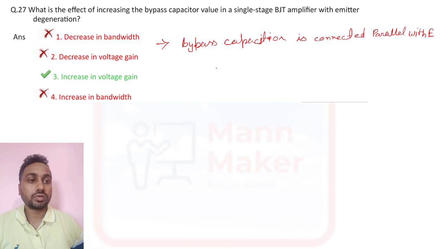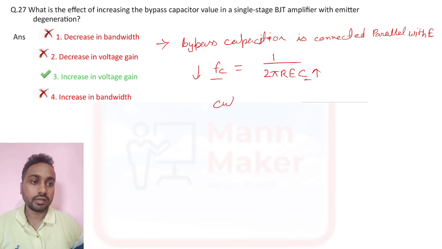If you see the bypass capacitor formula, the cutoff frequency fc is equal to 1 by 2 pi RC, where C is the capacitor. Whenever we increase the bypass capacitor value, the cutoff frequency will reduce.